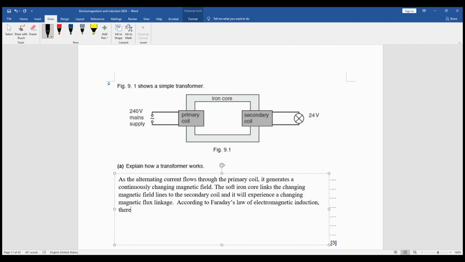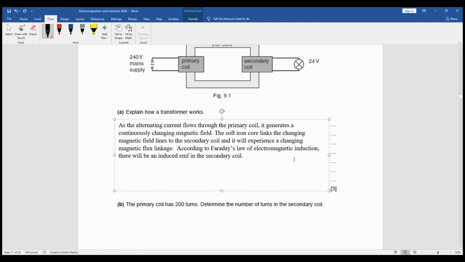There will be an induced EMF in the secondary coil. Okay, I think this is giving 3 marks.